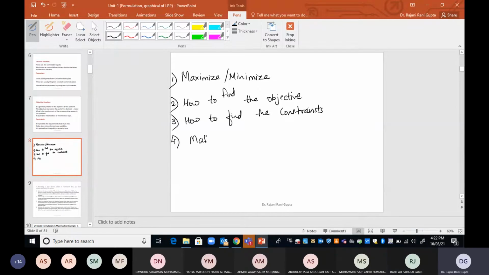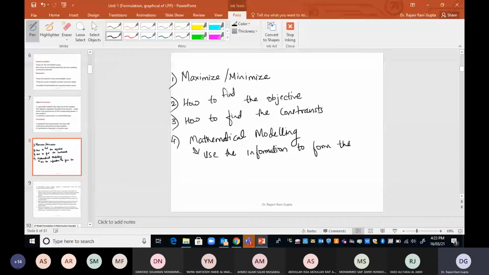Okay, so that is what mathematical modeling is, like using the information to form equations, form the set of constraints or equations. Good. So it means you actually went through it and you understood it. So that's good. So yeah, this is what the topic is about.